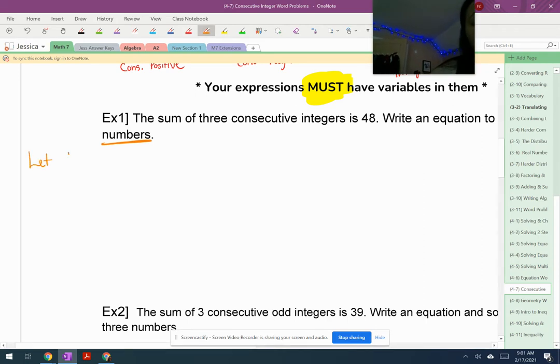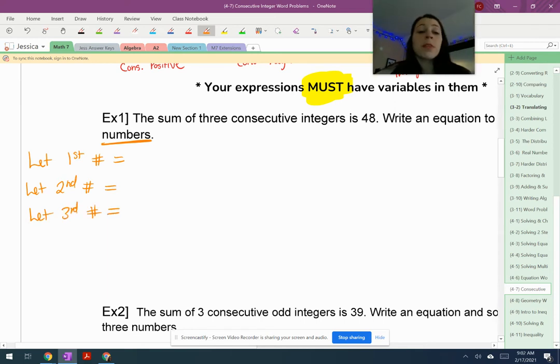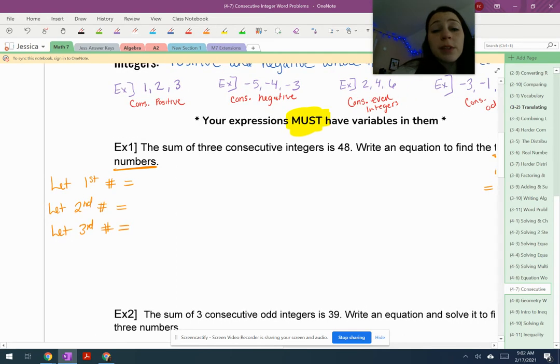So let first number equal, let second number equal, and let third number equal. And so this is where we start to talk about how our expressions must have variables in them. When I'm writing down an expression for these numbers, I'm not making them up. I am simply using a variable to represent them.